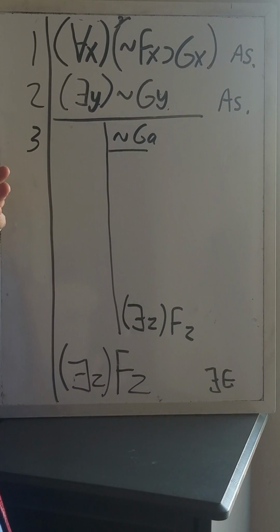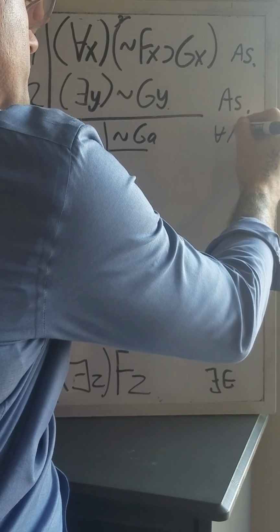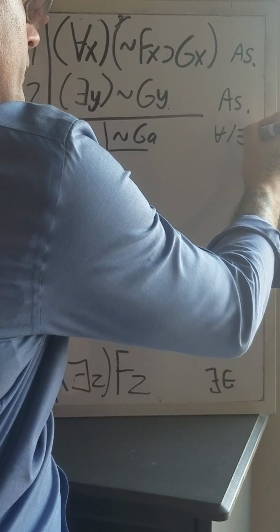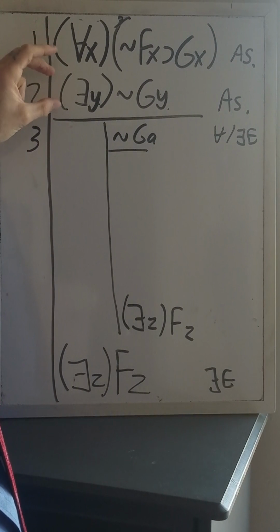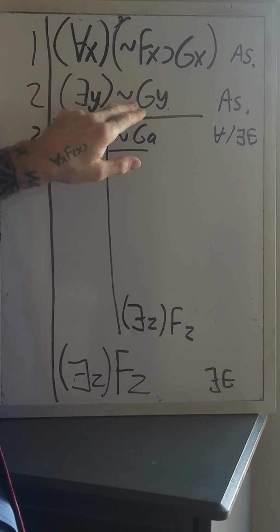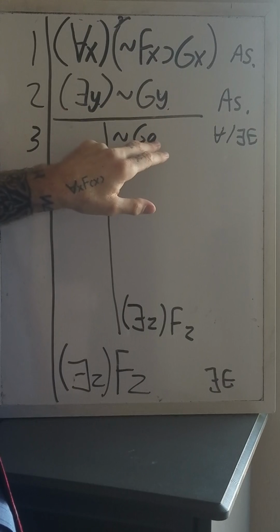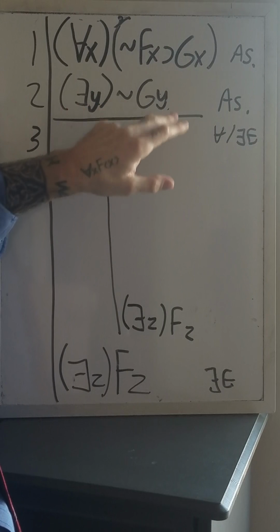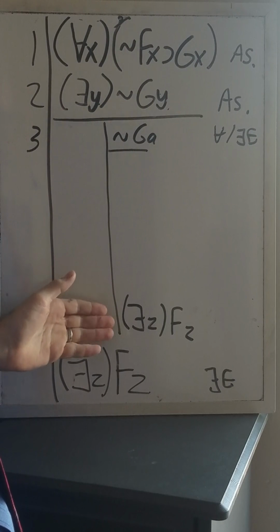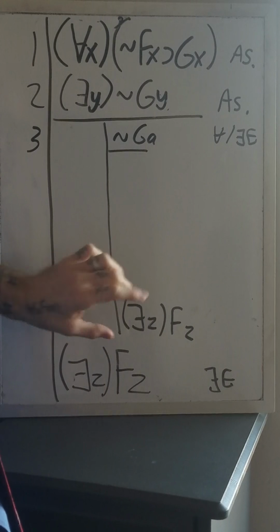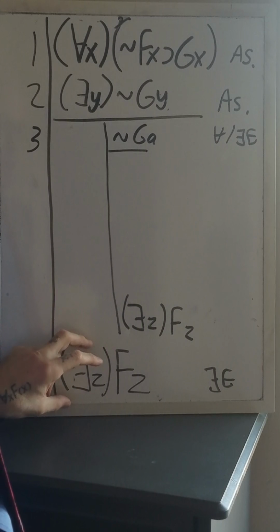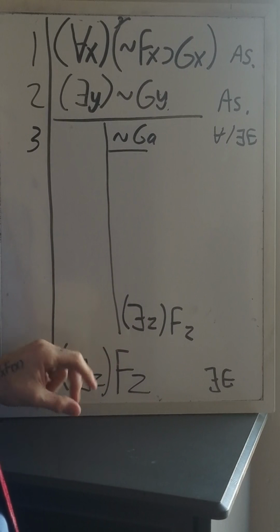So existential elimination, again, is this rule where you make an assumption. You take an existentially quantified formula, you make an assumption, you rewrite that formula with a constant, replacing the variable with a constant, and you show that something else follows. And if it meets certain restrictions, you can take this out and put it in your main proof.